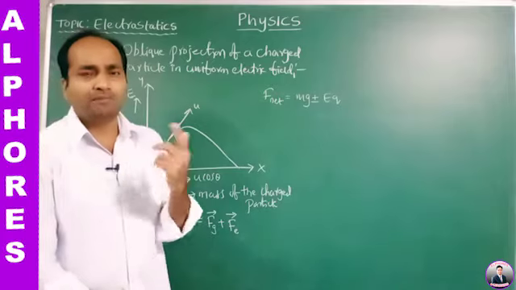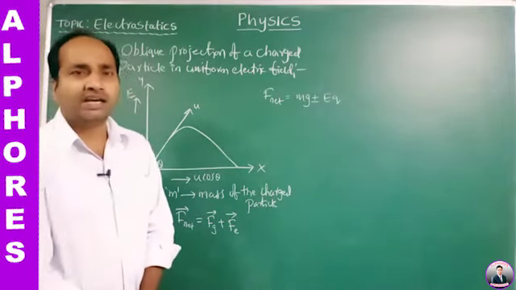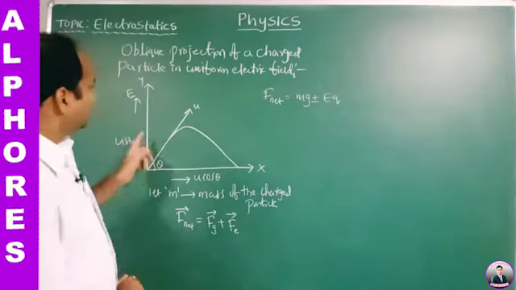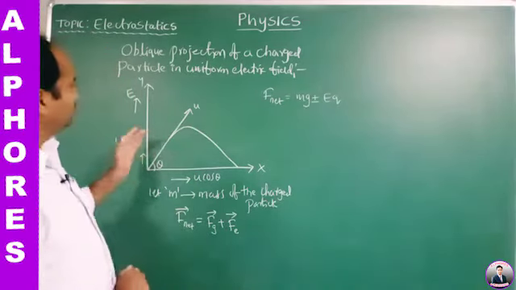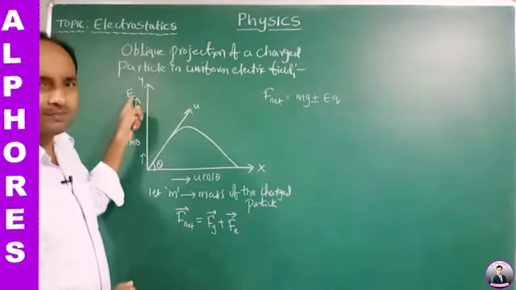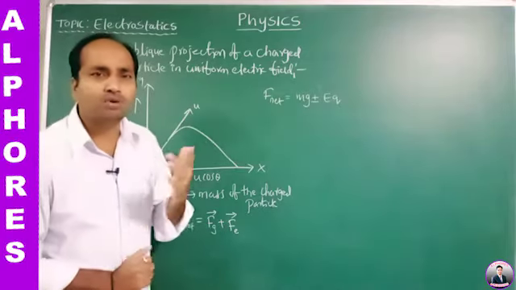If a positive charge is placed in an electric field, the direction of force is in the direction of the electric field. Now if the charge is negative, the electric field is along the y-axis. If the charged particle is negative, the force is opposite to the electric field.